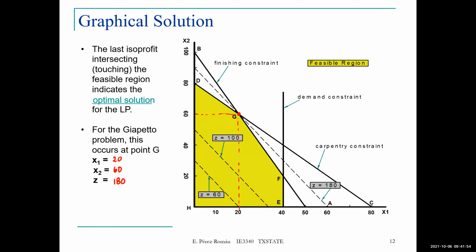The reason I'm using this problem is because we were able to solve it using the graphical method. So now using Excel, we're going to confirm that this is the right solution. We found that the optimal solution was X1 equals 20, X2 equals 60, and then the profit will be $180.